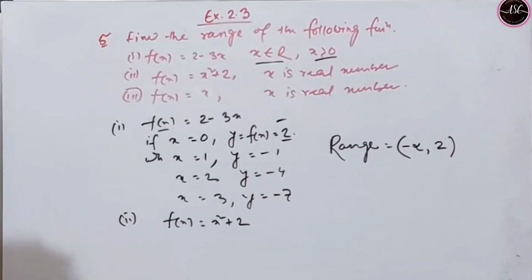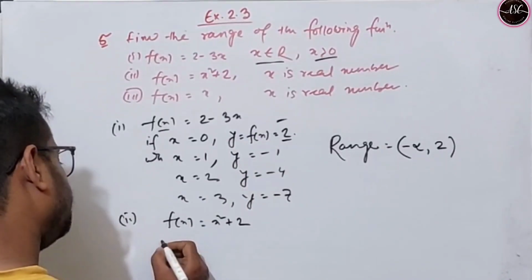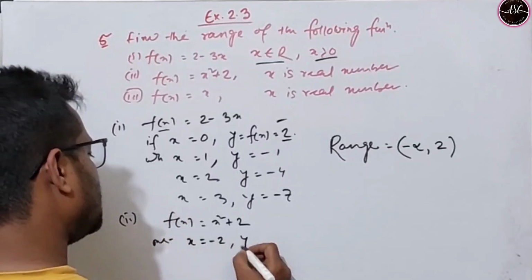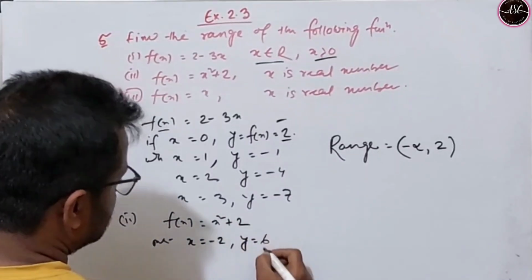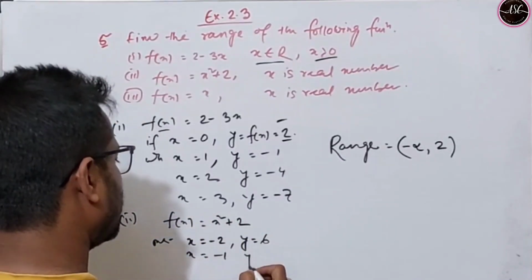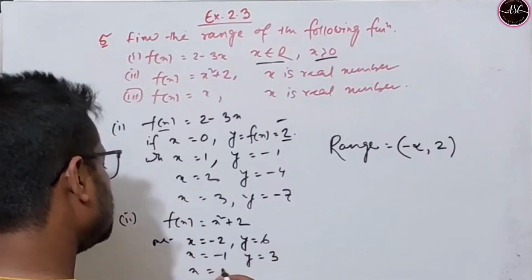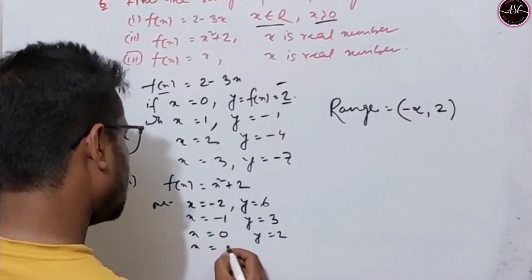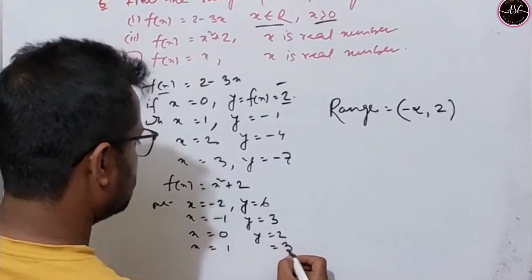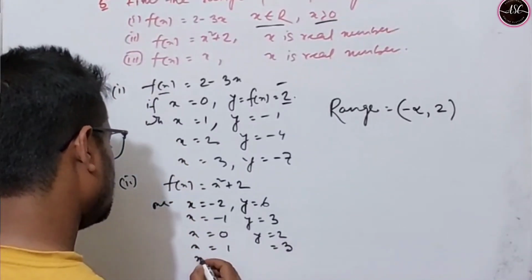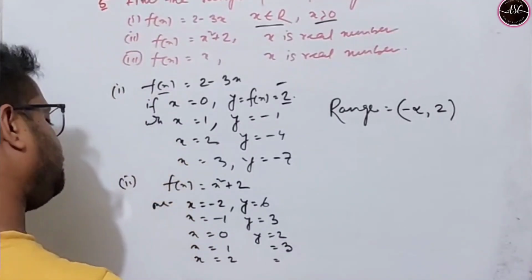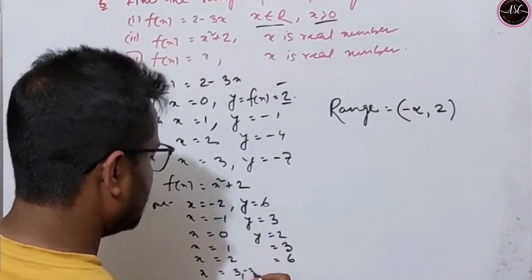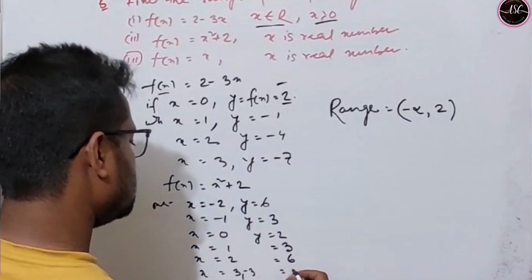Here x is a real number. Okay, if we put x equal to minus 2, then y equal to 6, x equal to minus 1, y equal to 3, x equal to 0, y equal to 2, x equal to 1, y equal to 3, x equal to 2, y equal to 6, x equal to 3 or minus 3, then y equal to 11.